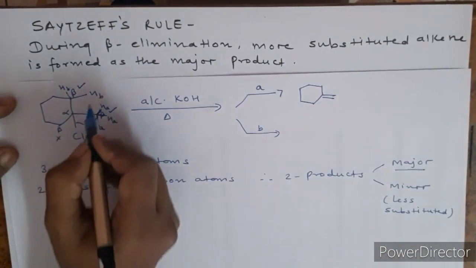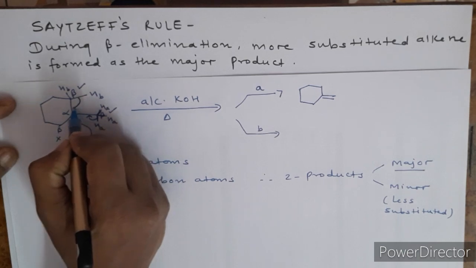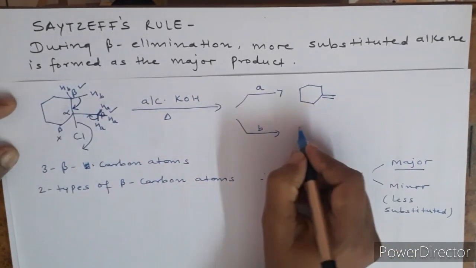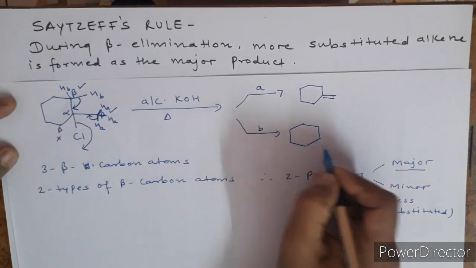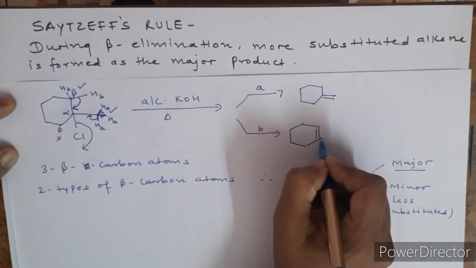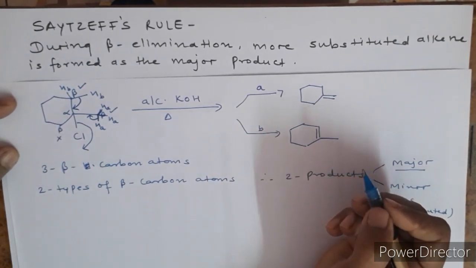Now we will see the second probability, that is when the B hydrogen goes out, then we are going to get a product which would look like this.